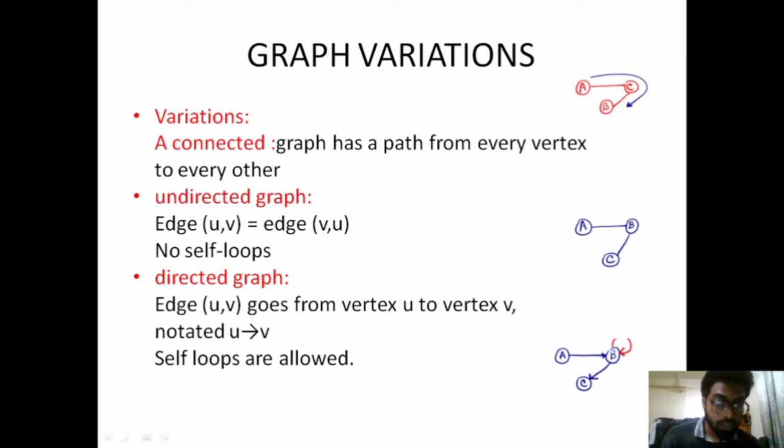For that reason we can traverse from A to B, B to B, B to C. We cannot traverse from B to A because that graph has a certain direction. And self loops are allowed for a directed graph.